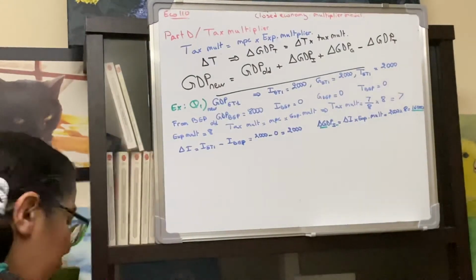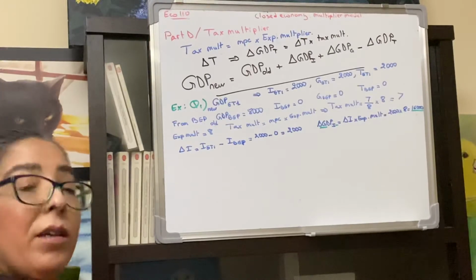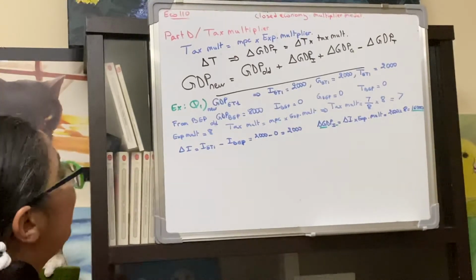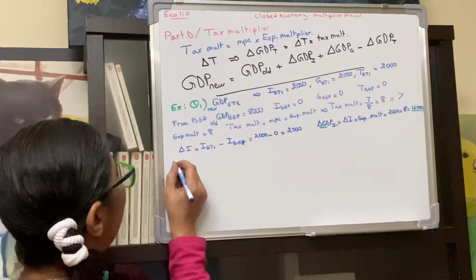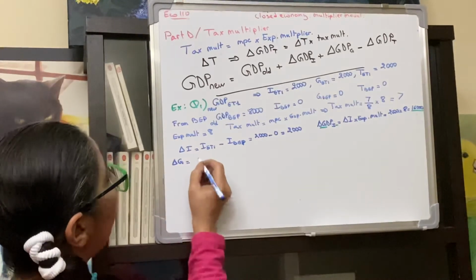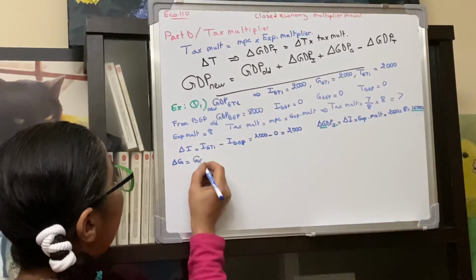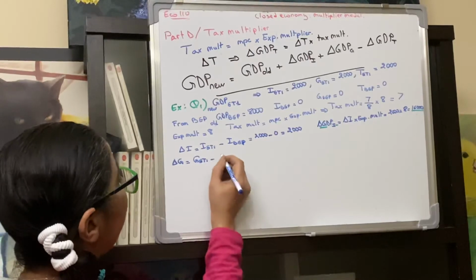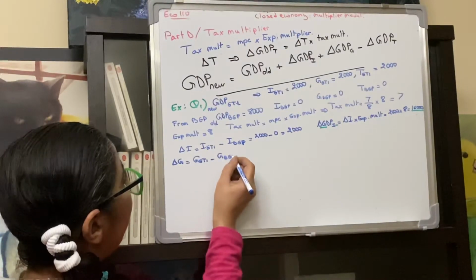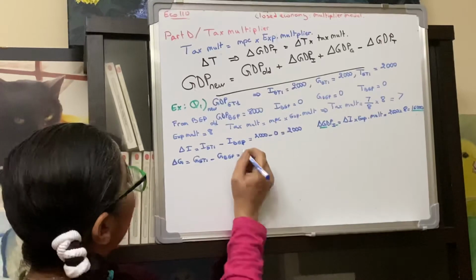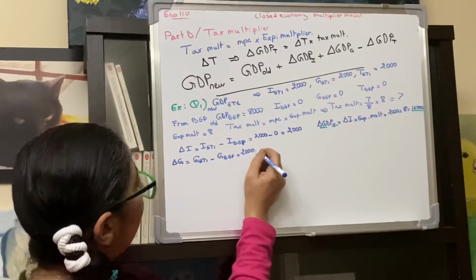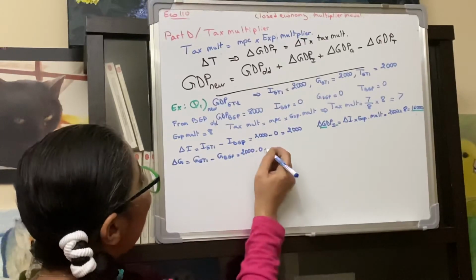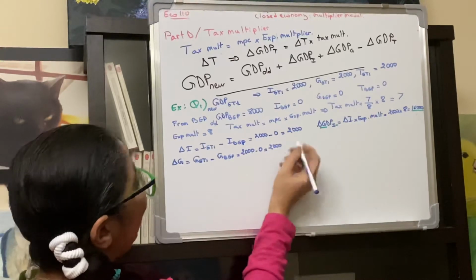Try to do the next one. I hope you did. So delta G now. Delta G is equal to G at ET1 minus G at BEP, which is equal to, again, 2000 minus 0, which is equal to 2000. Okay?